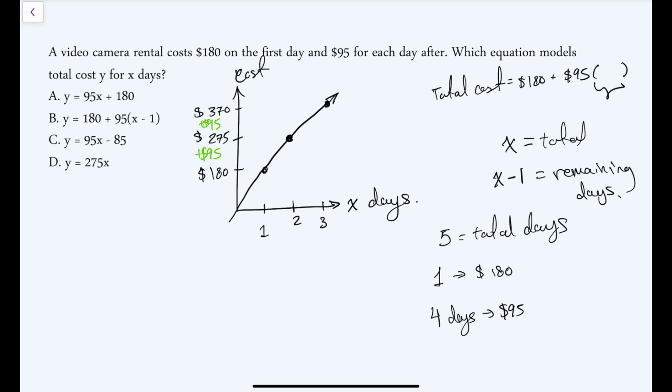Or you could think about it as $95 plus 95 plus 95 plus 95 for the 4 days. So the total cost is $180 plus all of this. As you can see, this is what gets calculated as the per day rate of $95. It's actually 5 minus the first day. So the total days minus the first day, which is x minus 1.